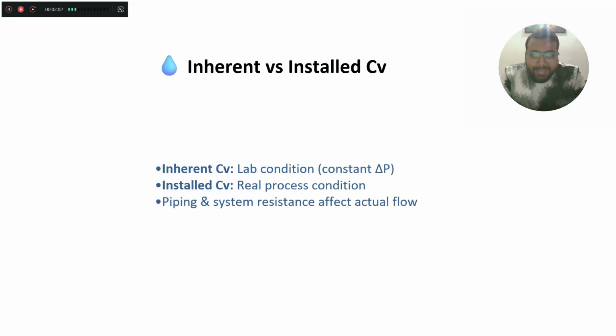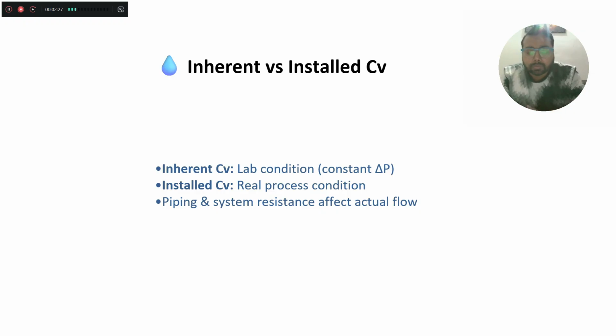Now, inherent versus installed flow: people generally make mistakes at this point. What mistake do they generally make? When we are designing the valve, we just take the line size, delta P across the valve, process temperature and process fluid, and we put the values into a calculator or give them to the vendor.